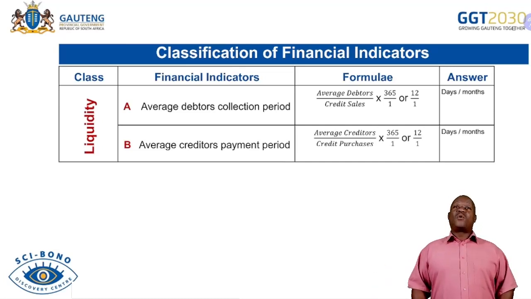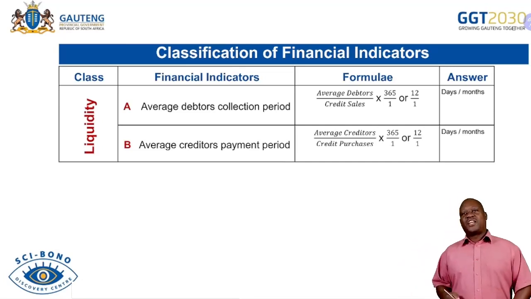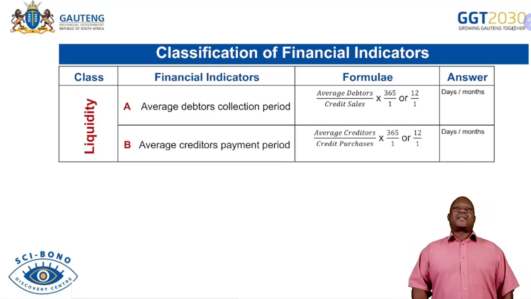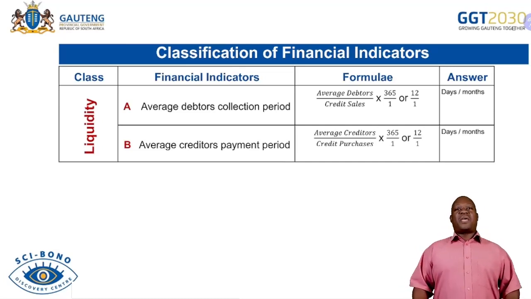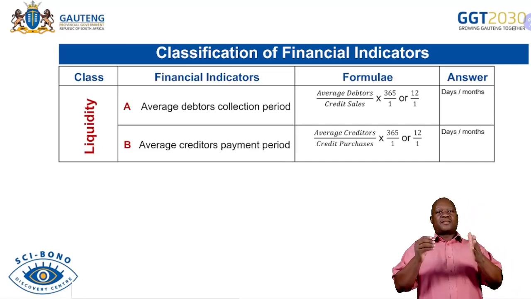At the same time, we need also to check how long are we taking to pay our creditors. Now remember, we need to be in a position to go to our creditors and negotiate for a longer payment period. But remember, we are the ones paying here. So if they give us 30 days, we must pay in 30 days. If they give us 60 days, we must pay in 60 days.